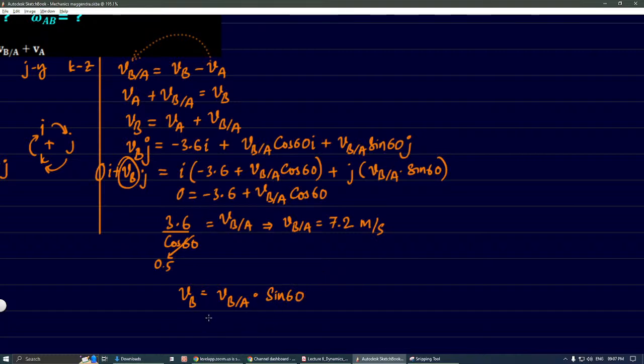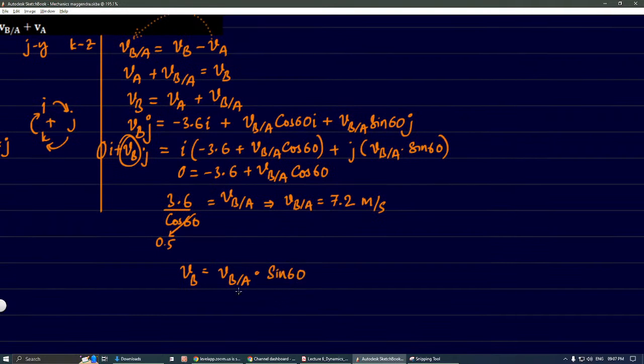Which values are known? Just now we found the value of VB with respect to A. Substitute that here. We get 7.2 into sine 60. Sine 60 is root 3 by 2. Calculate this value.